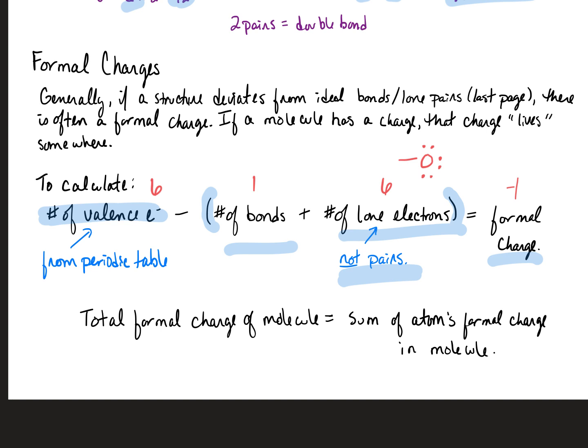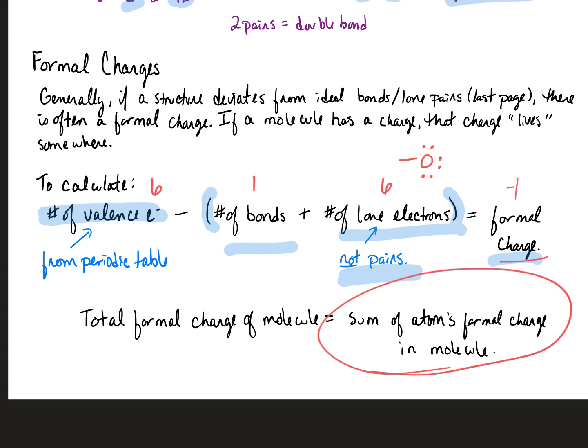The formal charge of a particular atom should be the same as the formal charge in an entire molecule. So if you have a formal charge in the molecule, that's a sign that there should be something a little bit different on one of the atoms, and that's where that charge comes from.